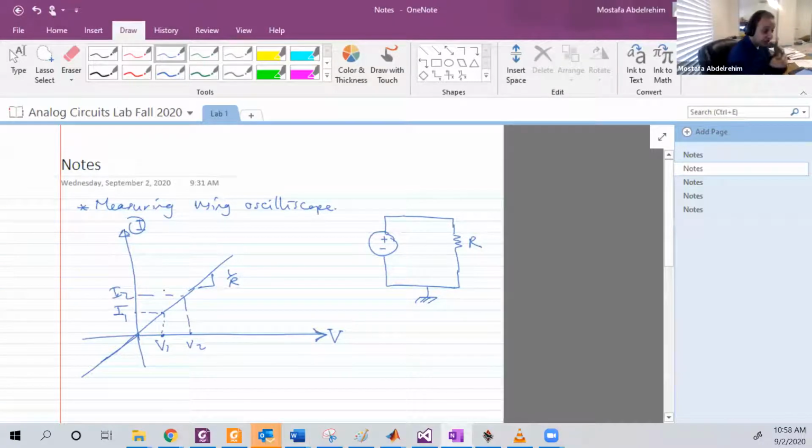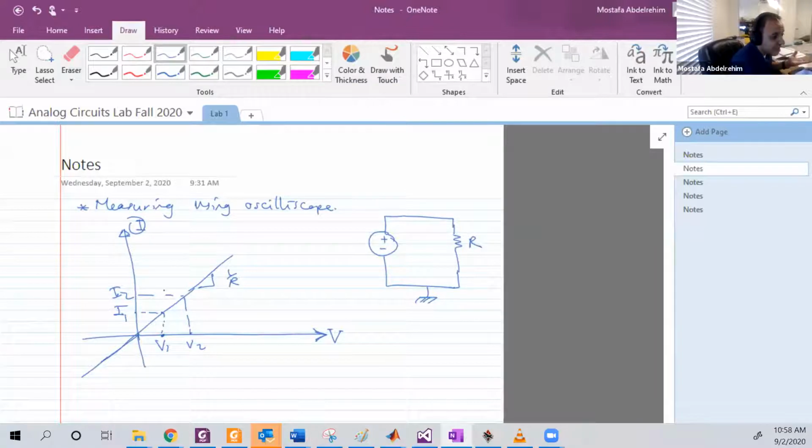And if we increase the number of points, that will give us a curve very close to the real characteristic of the device that we are experimenting with. But the problem is that if we do many, we will take longer time because we change step by step, as we see in the first experiment.